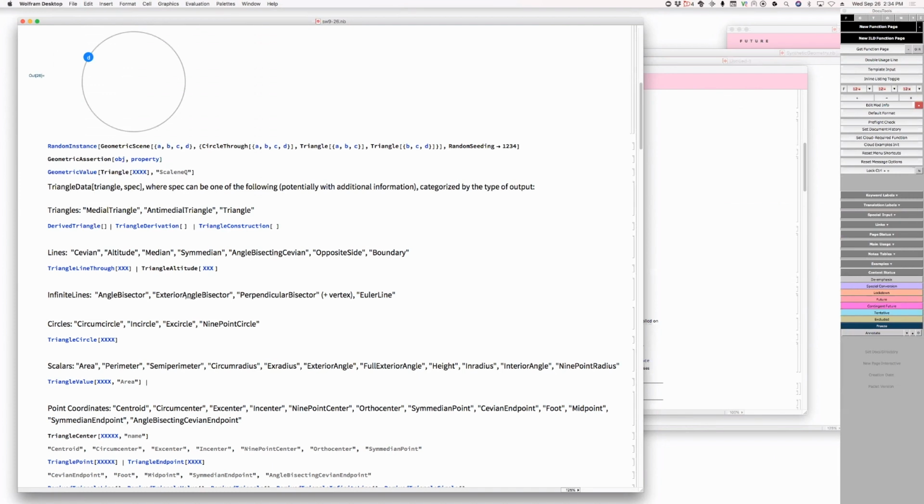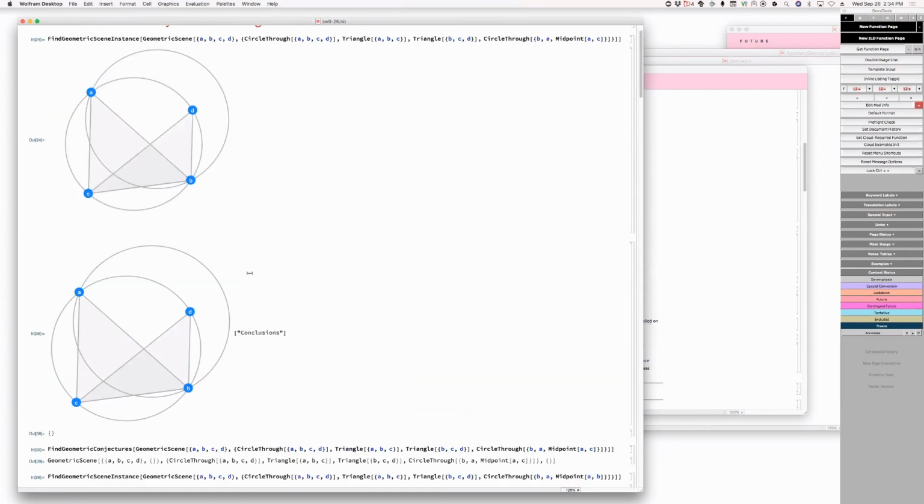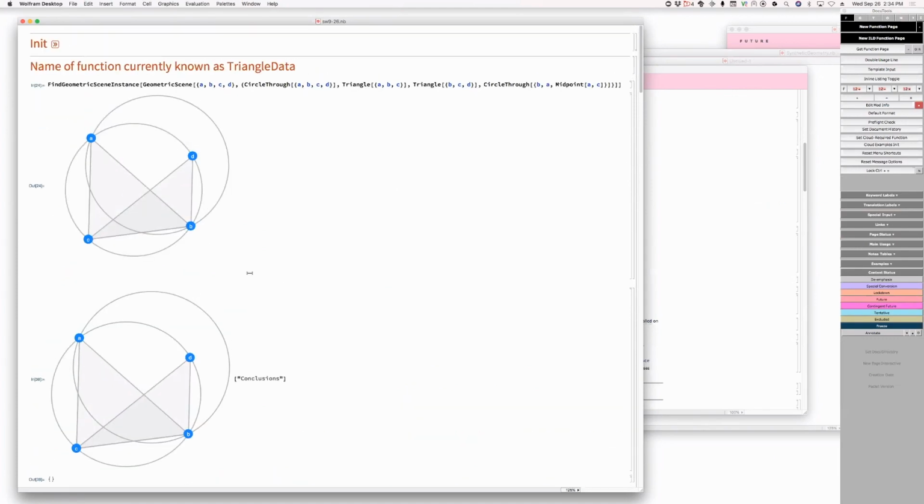But it does do a couple of non-trivial theorems. Some of the more impressive things it does are certain constructions where, for a human describing the scene, there's a very particular way you have to do the construction to find, maybe there's only one instance.